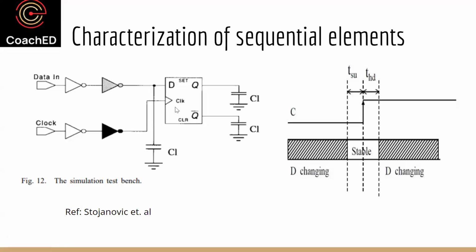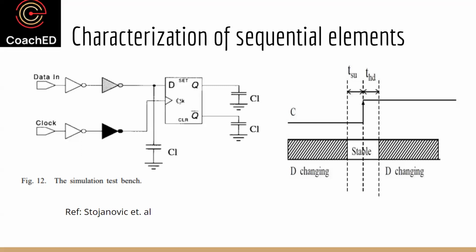The important difference in the case of a sequential element is there will be a control signal, which most of the times we call a clock pin, and that should always be a part of the simulation setup, which means we should vary this and see the effect of that on the output.